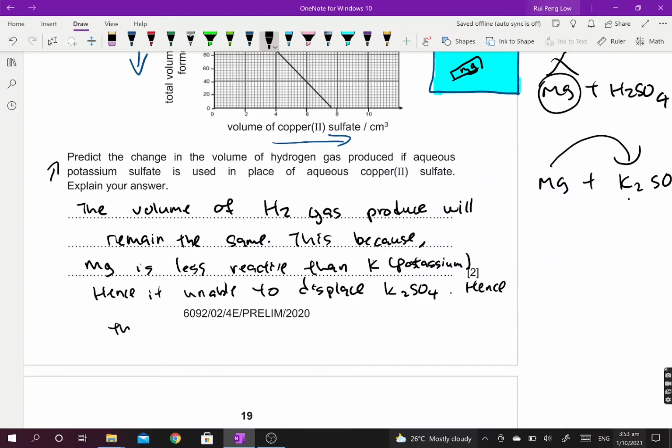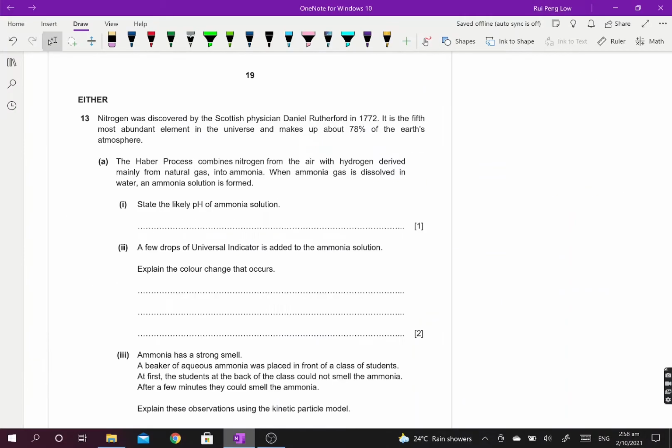Hence the mass of Mg remains the same to produce H2 gas.